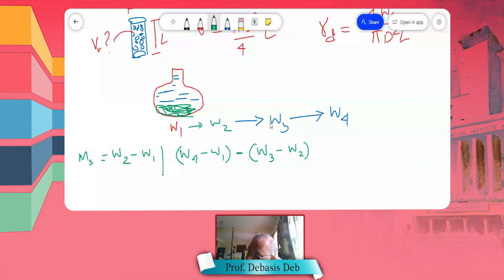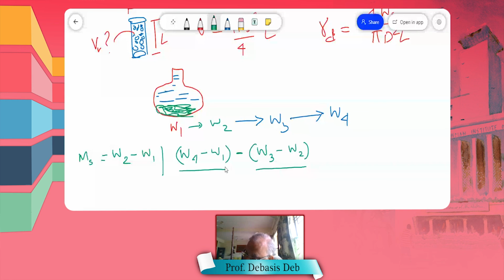W3 is sample plus water, and W2 is only sample. So when I subtract that, I get the weight of water which filled the bottle other than the solid volume, right? This is the complete total.